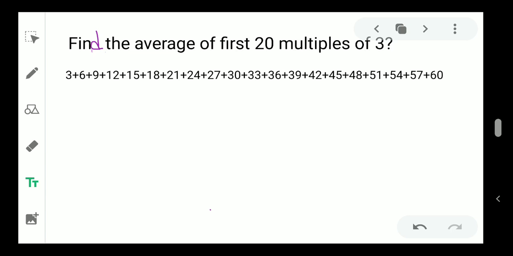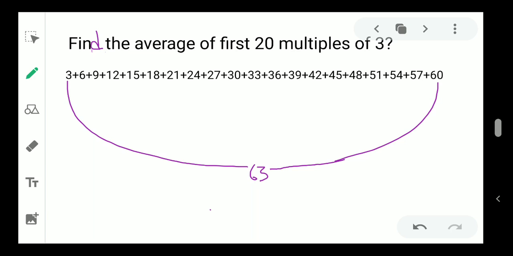Let me see one similarity. If you add 60, the last one, with the first one, what will be the result? The result will be 63. That is 60 plus 3, 63. If you again add this one with 57, then 6 plus 57, it would be again 63.